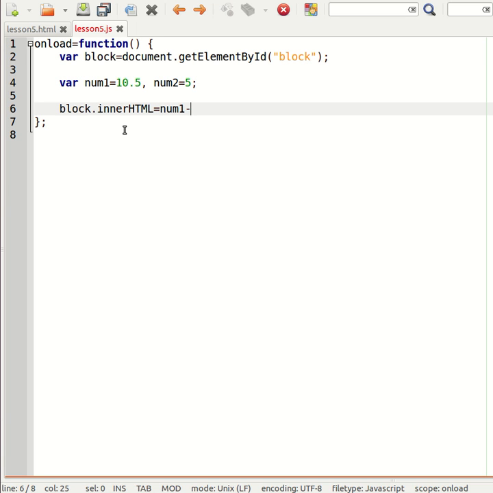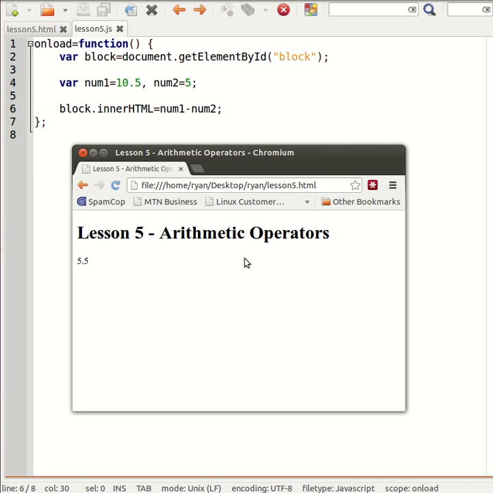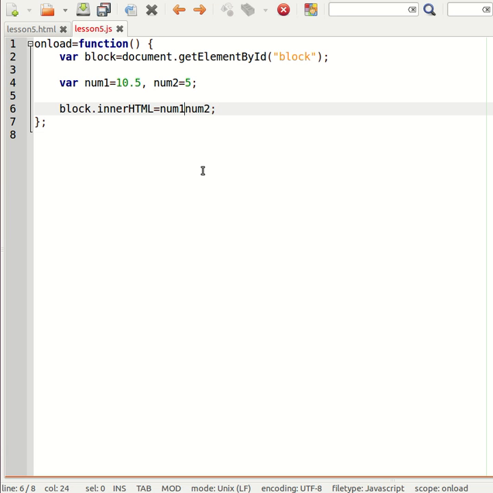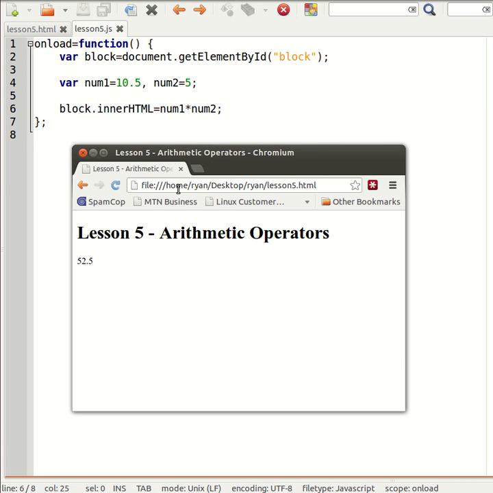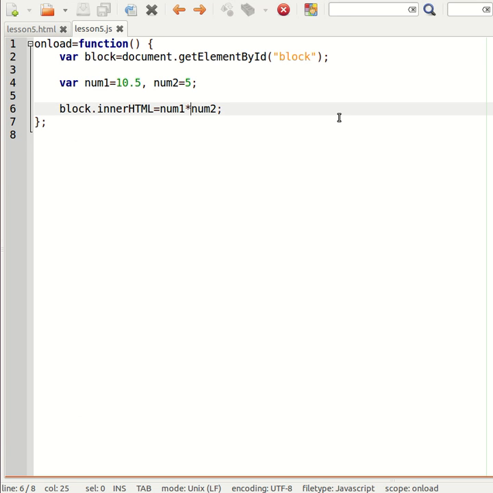I could subtract the two numbers. Give me 5.5. I could multiply the two numbers. We use a little asterisk for that. I could divide the one number by the other number.